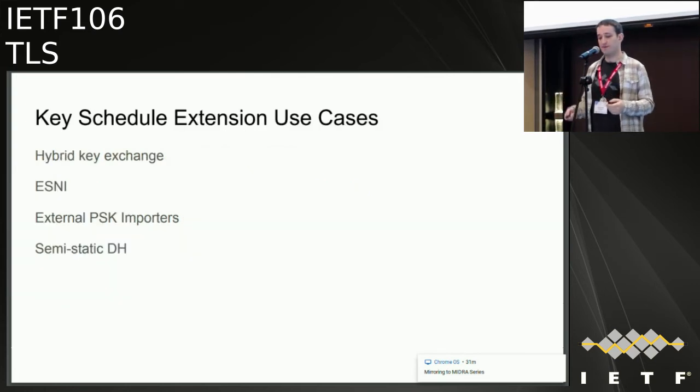I was motivated to do this because there are a bunch of drafts that say we want to change how the key schedule works, and we want to do this, or we want to do that.